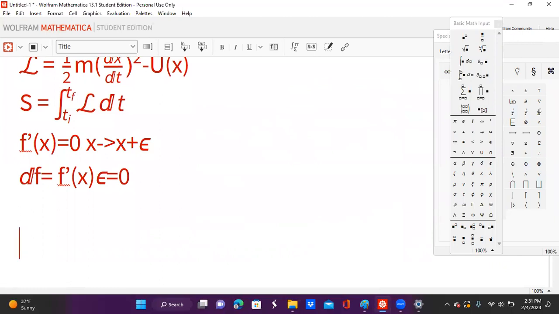Lagrangian mechanics, Klein Gordon. So then we're going to take the D.